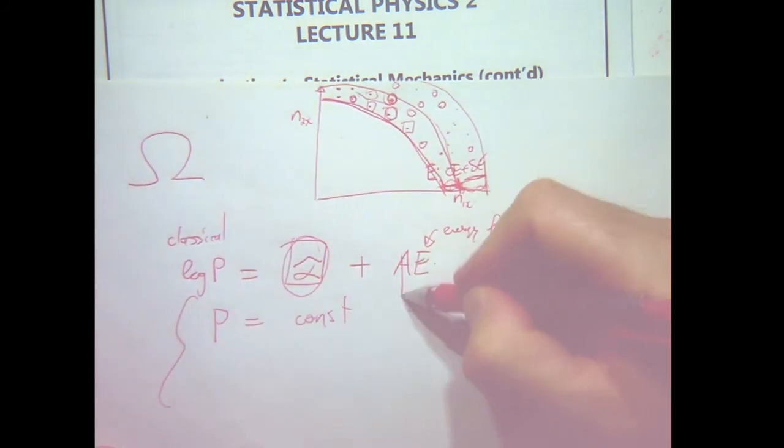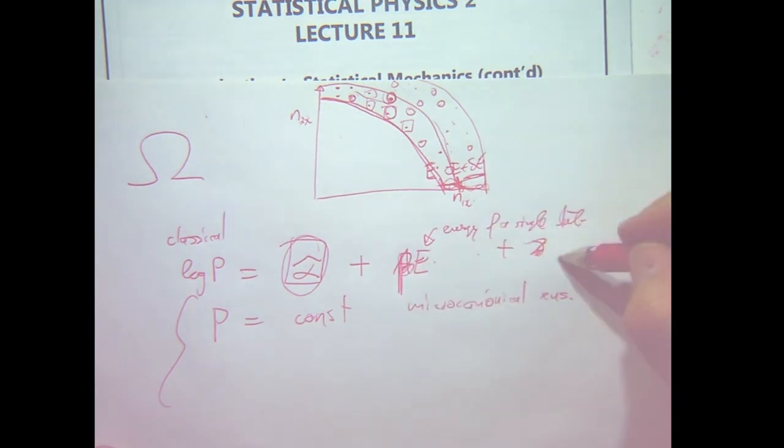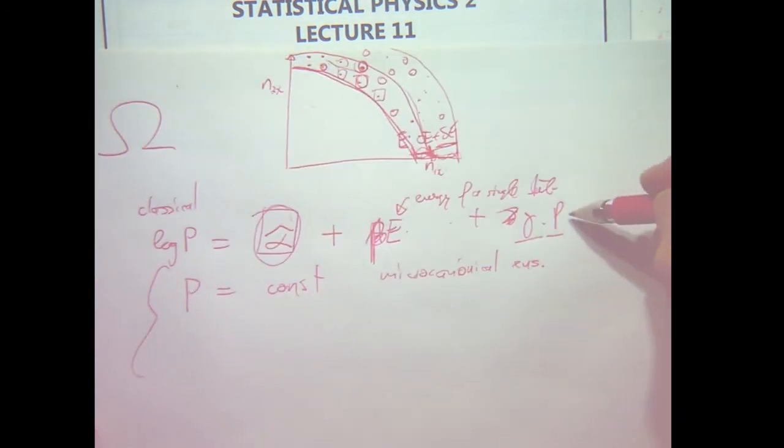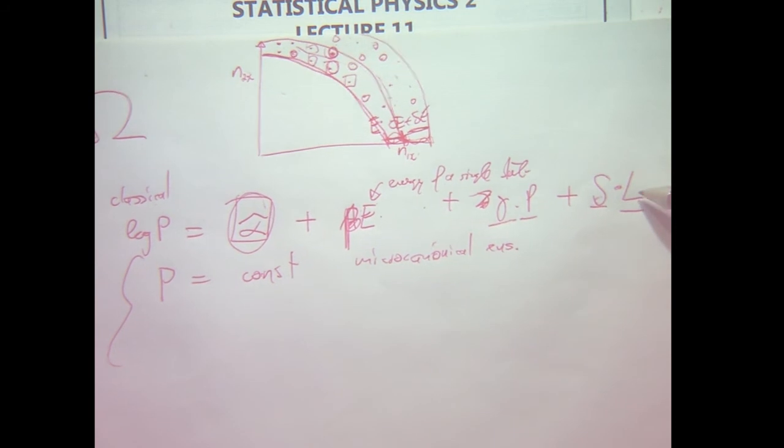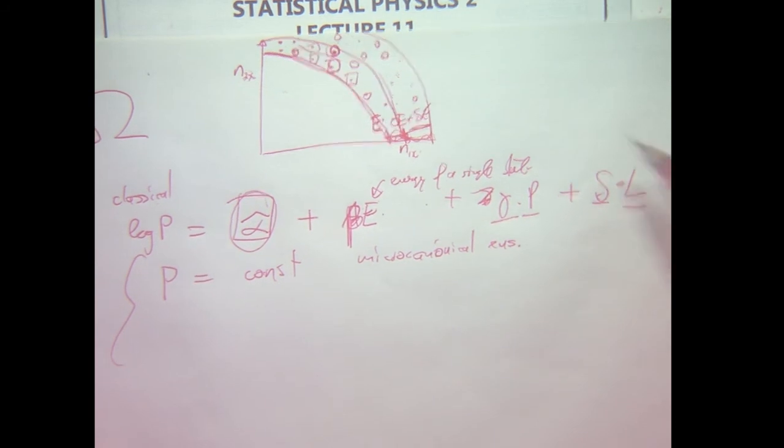This is actually beta. Gamma vector dot total momentum. That's the momentum of the center of mass. Gamma delta vector, and this was the total angular momentum of the system. We're not concerned in this course about these ones.